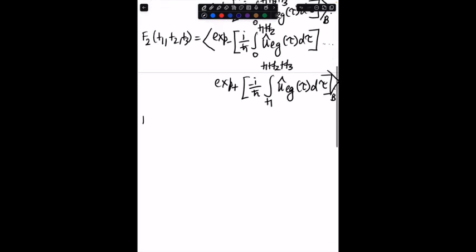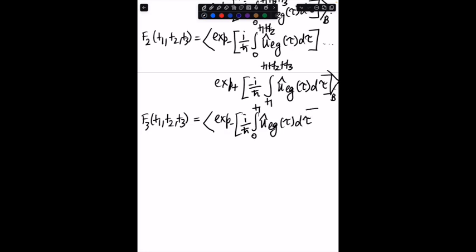Now, likewise, we have F3, which is your dephasing function corresponding to your rephasing ground state bleach process. And again, we have a negative time ordered exponential and a positive time ordered exponential. This runs from T1 plus T2 to T1 plus T2 plus T3, of U Eg tau d tau, then a bath ensemble average.